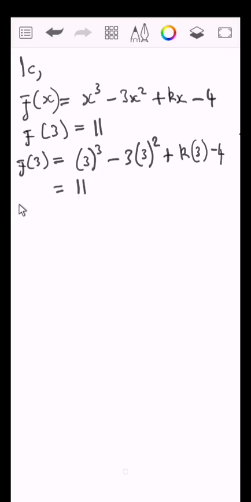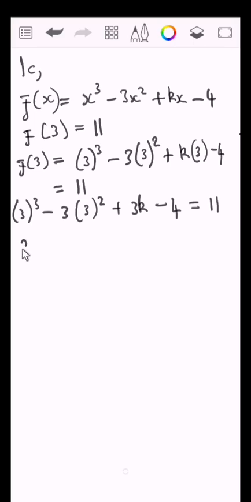So let us write it more neatly panapa. So tiri kuti 3 cubed minus 3 then 3 squared plus 3k minus 4 is equal to 11. 3 cubed zvongoreva kuti 3 times 3 times 3. Saka 3 times 3 ndi 9 and 9 times 3 ndi 27.